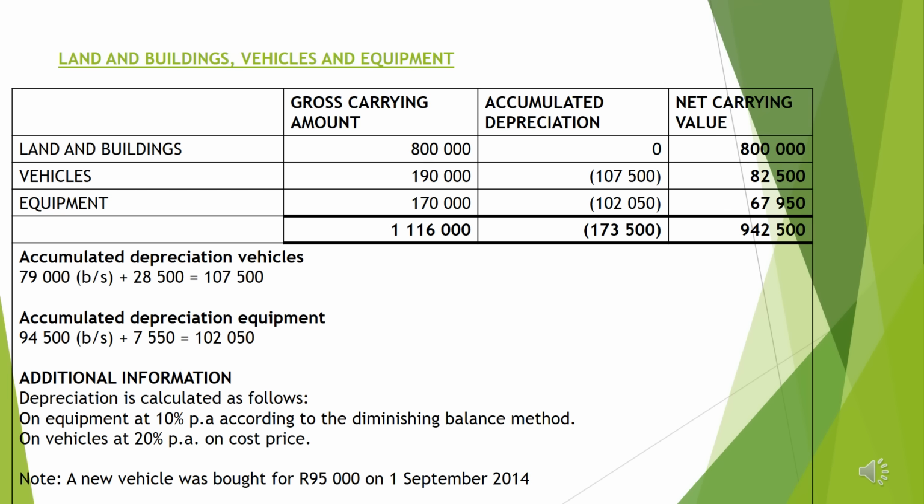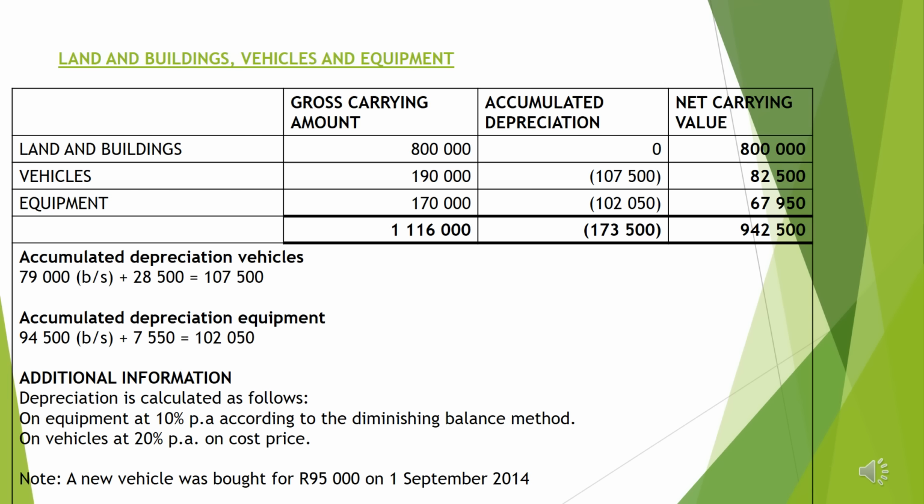Then let's go back again. That is how we got this 7,550. Then 94,500 from your pre-adjustment trial balance given amount plus 7,550, you get 102,050 rands, which is your accumulated depreciation on your equipment.